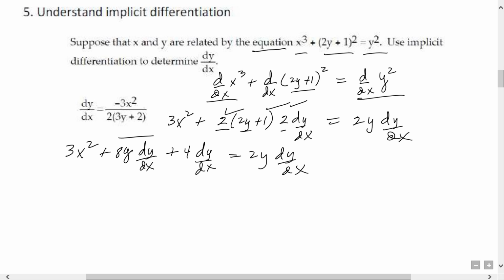And now let's get all the terms with dy dx on one side.